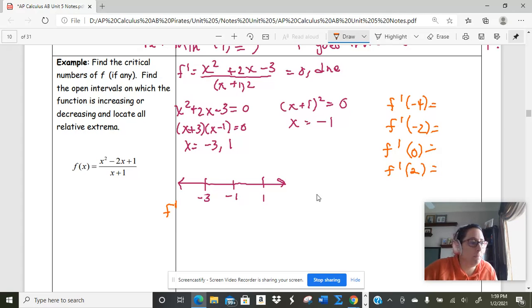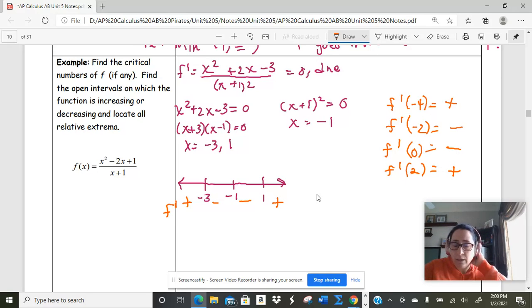That's what I would pick. So go plug those in and see if you get positives or negatives for your f prime. Pause me, and then when you're ready, unpause. Okay, so I got this one to be positive, this one negative, negative, and positive.